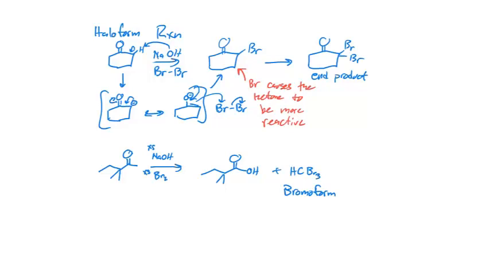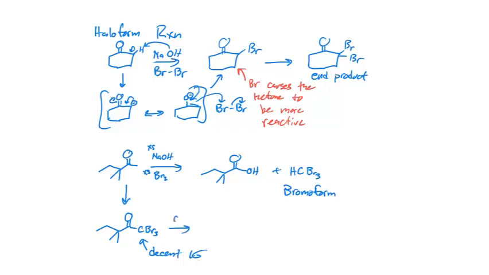How does that work? Let's look at this a little more carefully. We just saw the basic alpha halogenation, and that can happen several times, and we can get this situation if we do it 3 times on the methyl group. And now this is actually a decent leaving group because it would make an anion that's stabilized by induction.